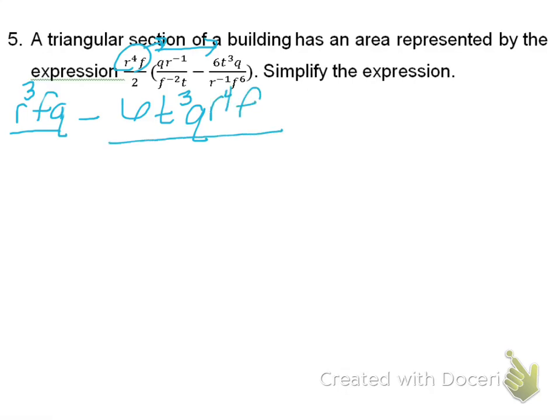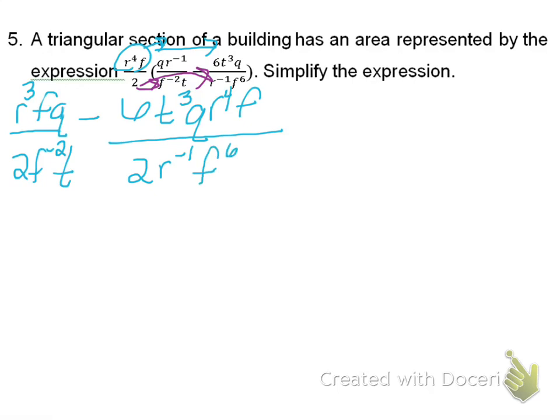So that's a lot of variables. Okay, and then the denominators, we have 2 and then f to the negative 2 power and t. And then in the last one here, we have a 2 and an r to the negative 1 power and f to the 6th power.